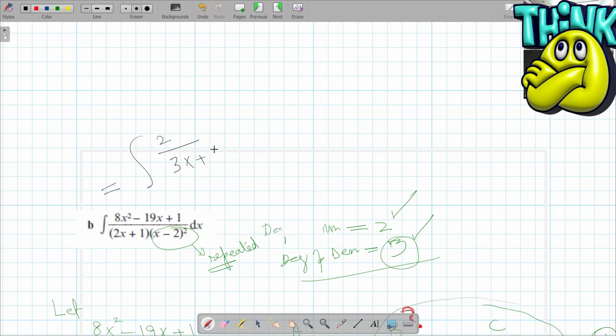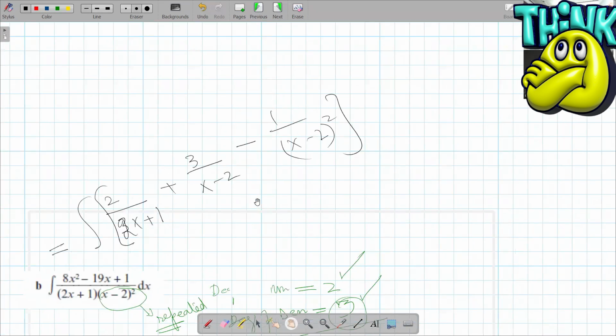We need to integrate this now after resolving into partial fractions. Is it clear? I am solving upwards now.